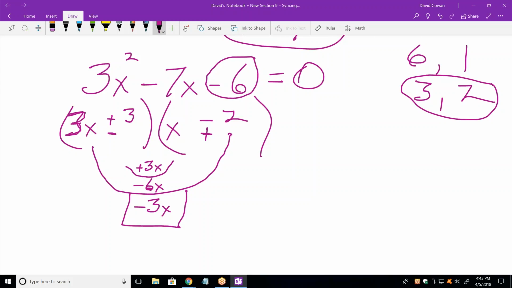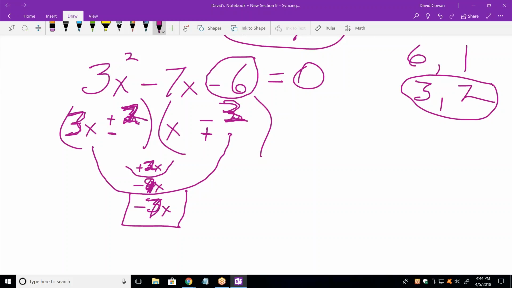Okay. Well, the next best combination is to switch the 3 and the 2. So I'm going to put a 2 there, and I'm going to put the 3 over here. Let's see what that produces. As a middle term, that would give me, this gets a little crowded. That would give me 2x there, minus 9x there.